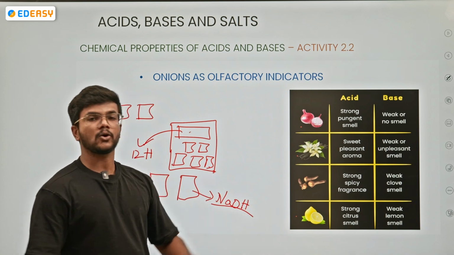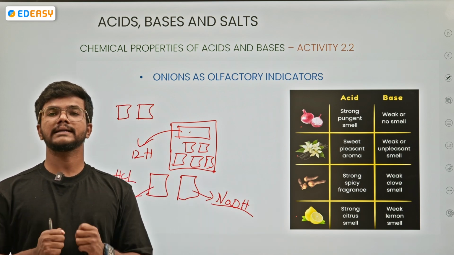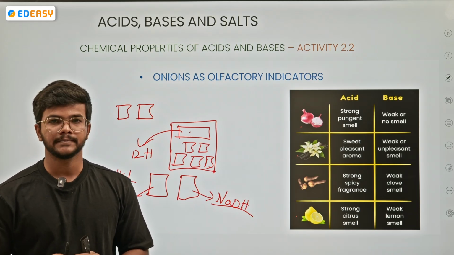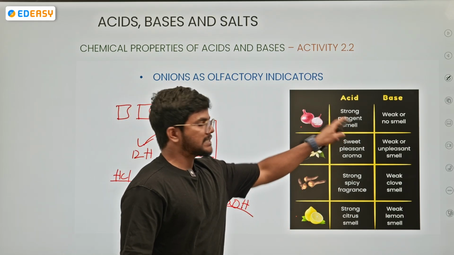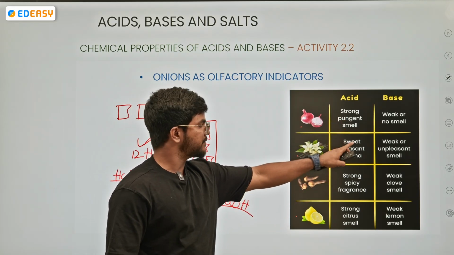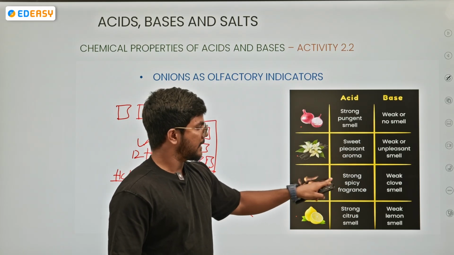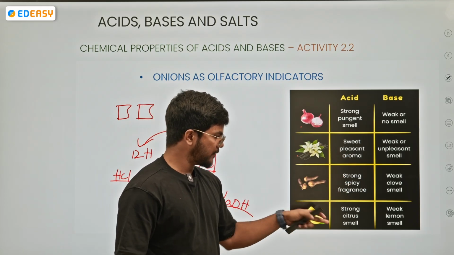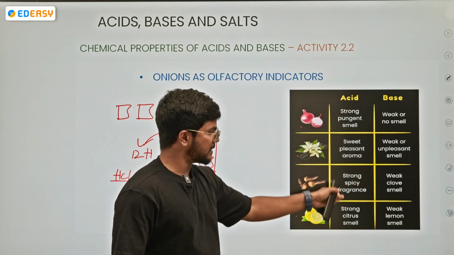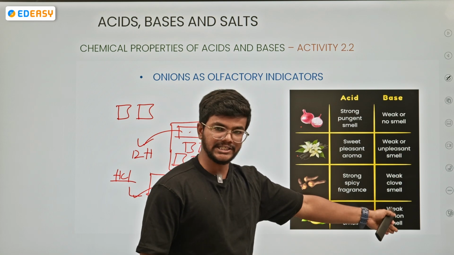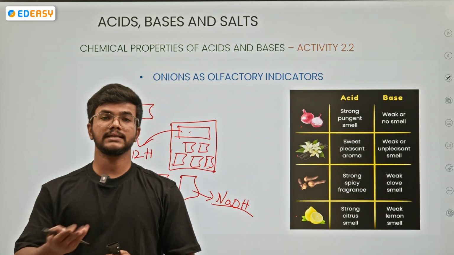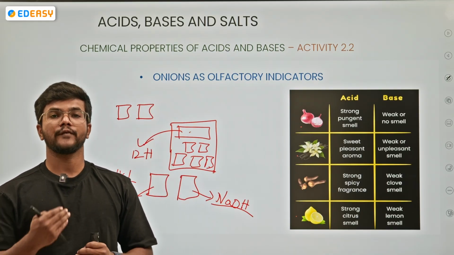Onion doesn't change its smell in the acidic, whereas vanilla essence has a sweet pleasant aroma, clove a strong spicy fragrance, and lemon a strong citrus smell. In the base the smell is getting changed, which means these indicators are reacting with the base. So these are called olfactory indicators.